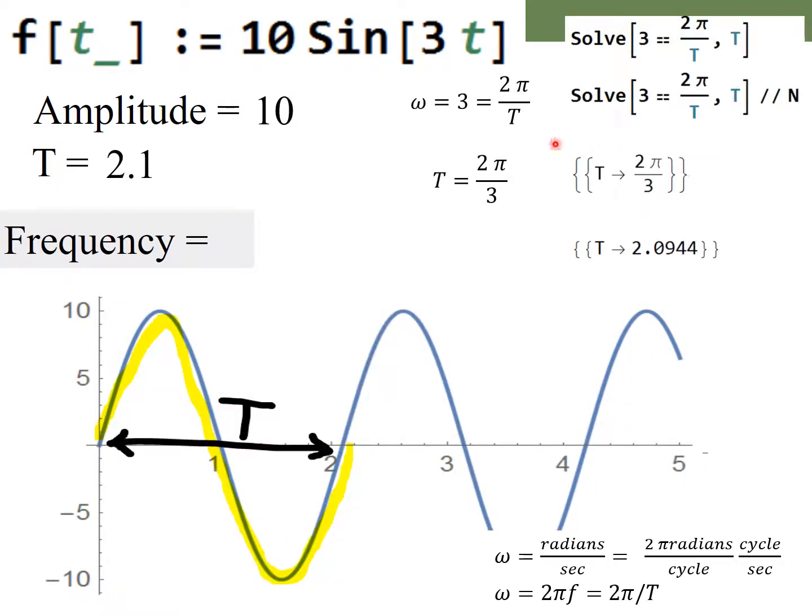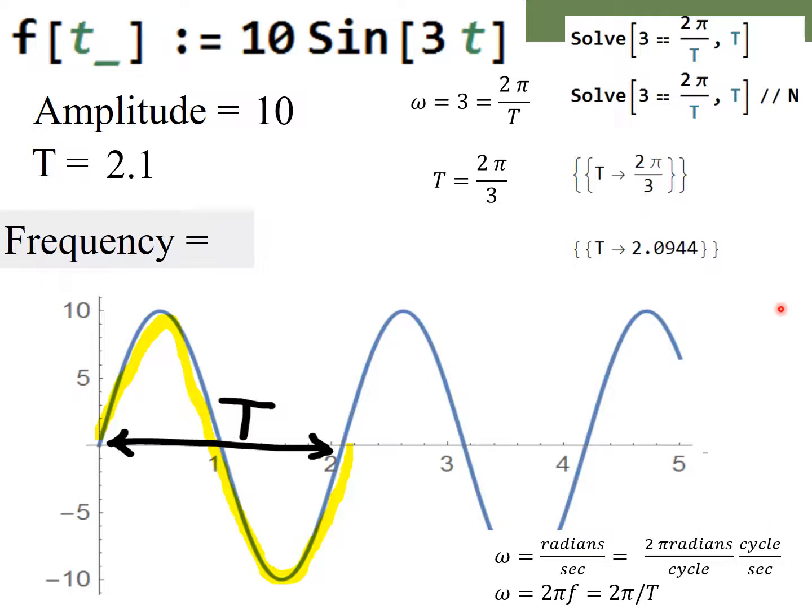So we have our angular velocity, which is this 3 here. That is equal to 2 pi over our period, or we can say omega is equal to 2 pi f, where f is our frequency. Again, all we're doing here is a units thing, going from radians per second to cycles per second.